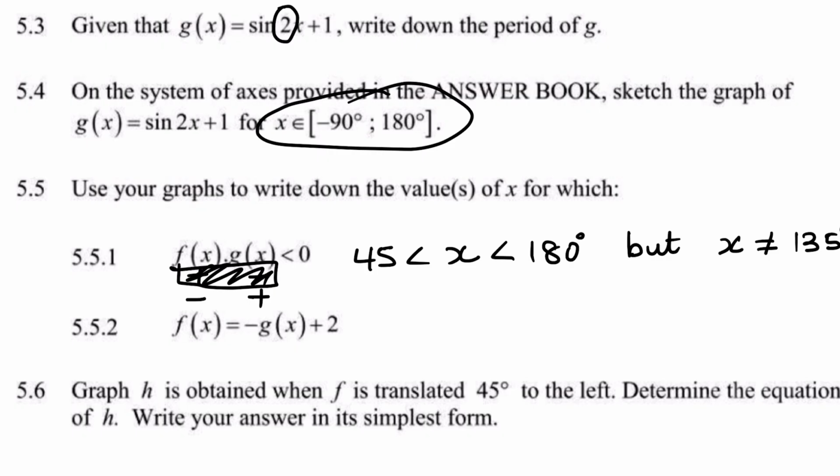Now for 5.5.2, f of x is equal to minus g of x plus 2. So what we want to do here is take this over. And so what we're looking for is where f of x plus g of x is equal to 2. Now, it's not as difficult as it seems at first.